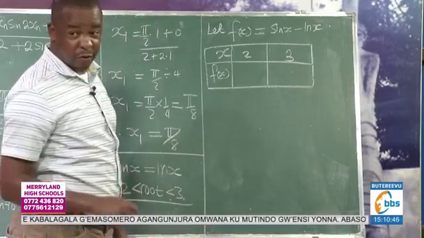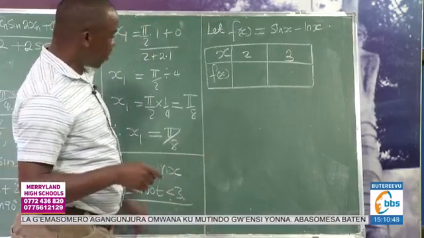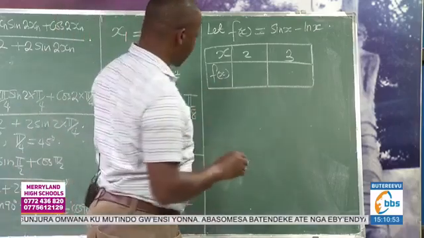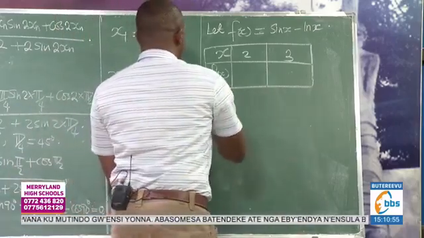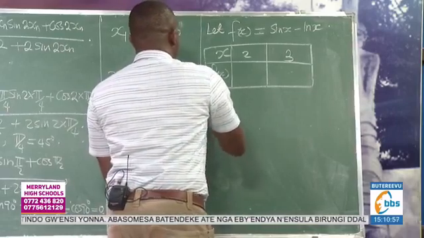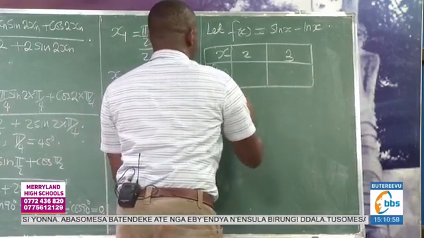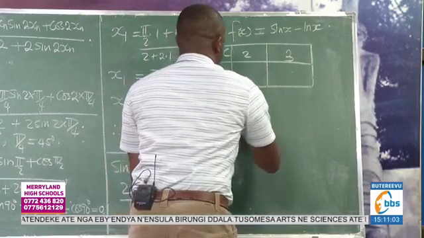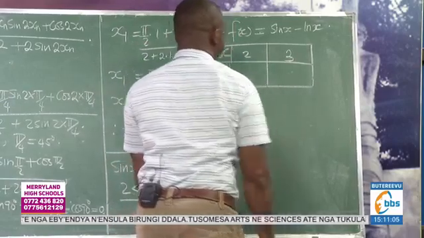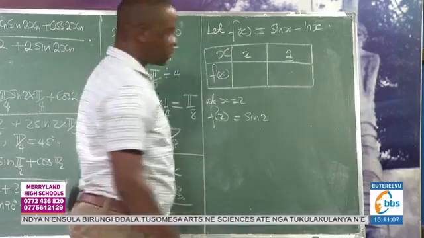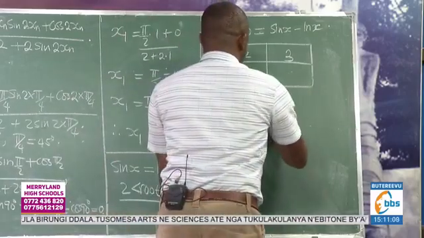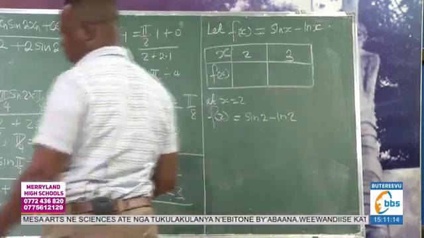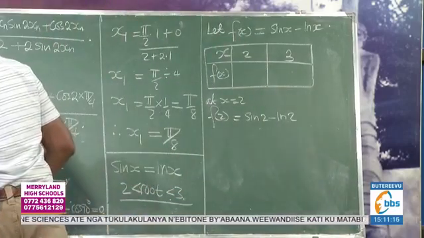If indeed there is a root, as they say, there will be a change in sign between these two, or their product will be less than 0. So if we consider x as 2, we shall find our f of 2 as the sine of 2 minus the ln of 2. You will be expected to use your calculators.